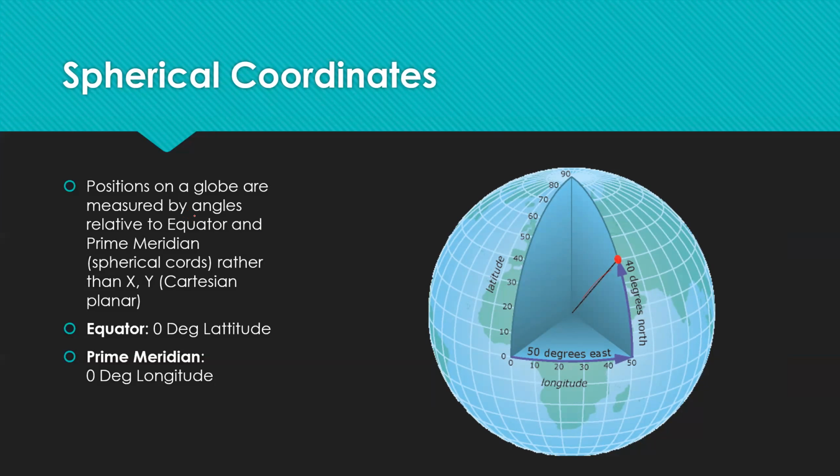Positions on the globe in the spherical coordinate system are measured by angles relative to the equator and the prime meridian. Those are degrees rather than x, y Cartesian coordinates. Cartesian coordinates, which we'll talk about later when we get into GIS, are planar, so we're just dealing with a flat surface, as if we were to spread the globe out and smush it into a flat surface.